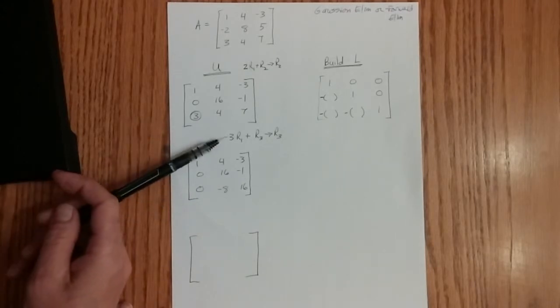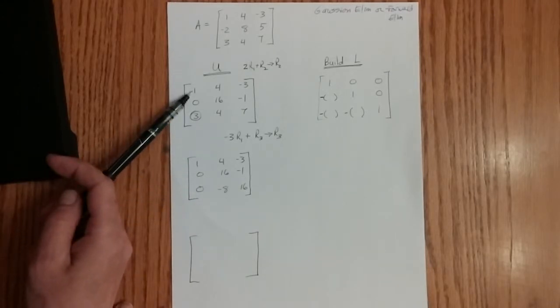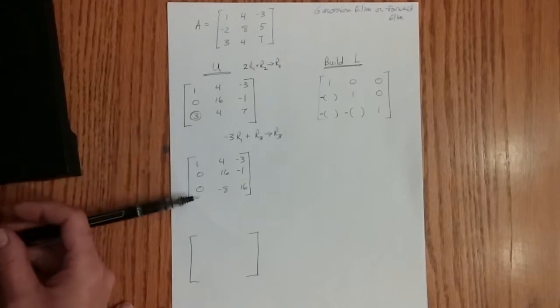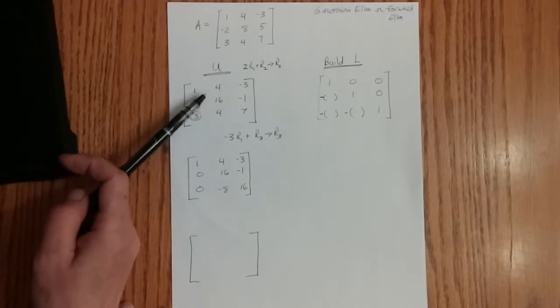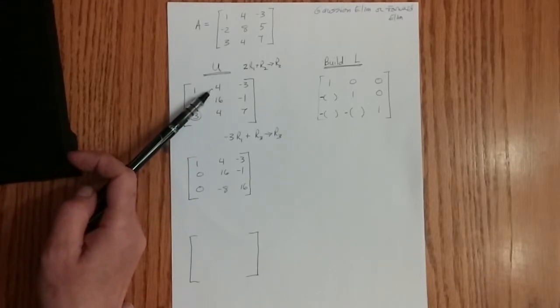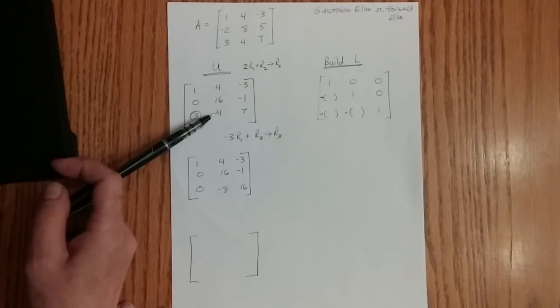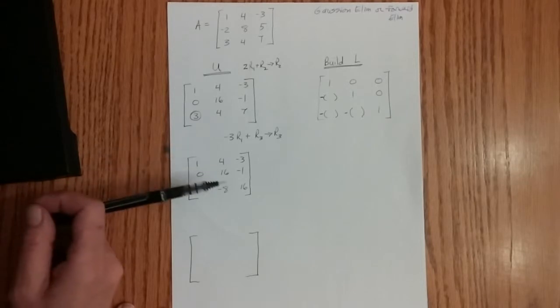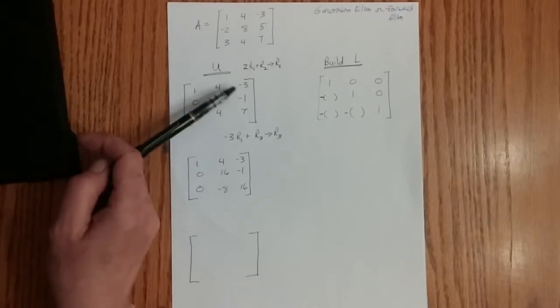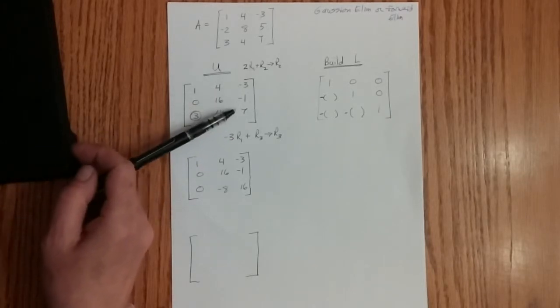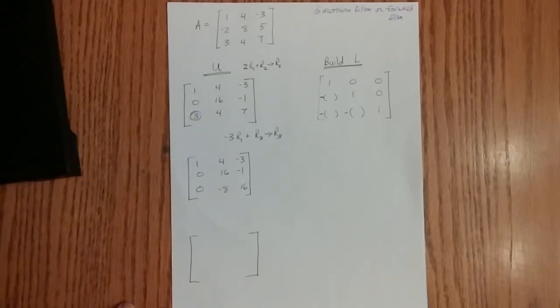And that is because minus 3 times 1 plus 3 is 0. Minus 3 times 4, minus 12, plus 4 is minus 8. And minus 3, that'll be 9, plus 7 is 16.